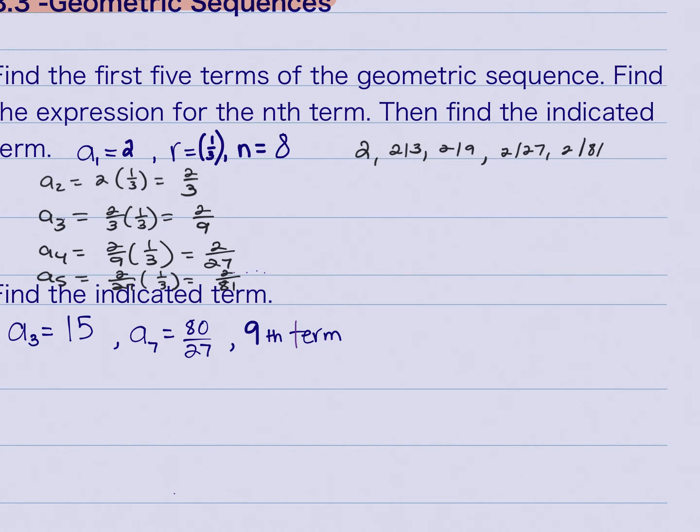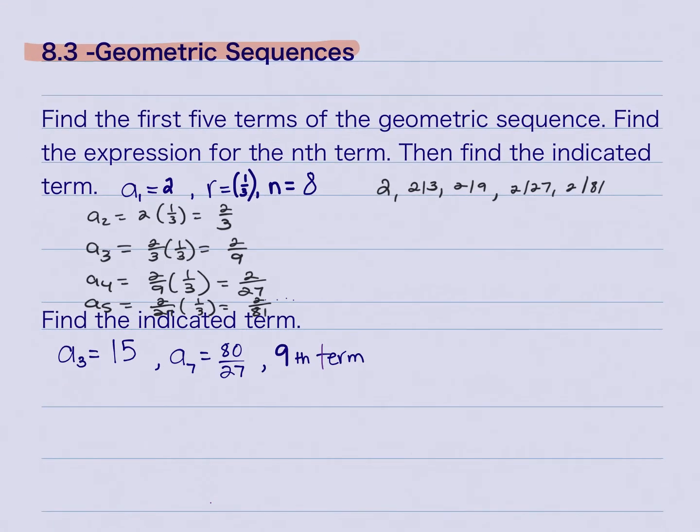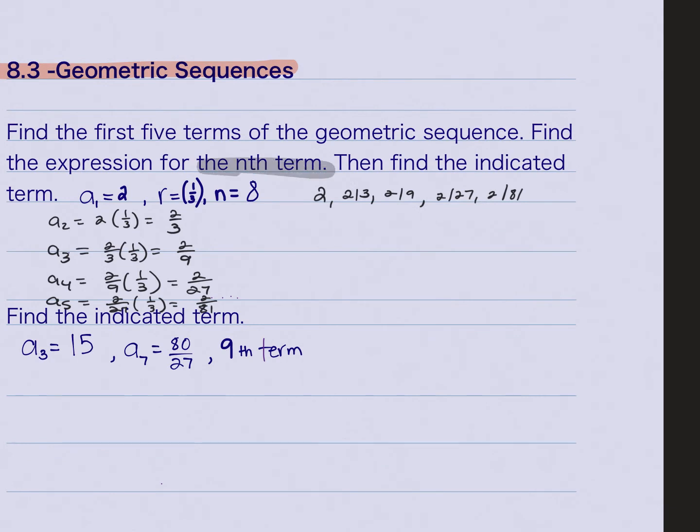So if you want to find the nth term, which is the second part, and it's geometric, that's a_n equals a_1 r to the n minus 1. So this would be a_n equals a_1, which is 2, times r, which is 1/3, to the n minus 1. That's your expression for the nth term.